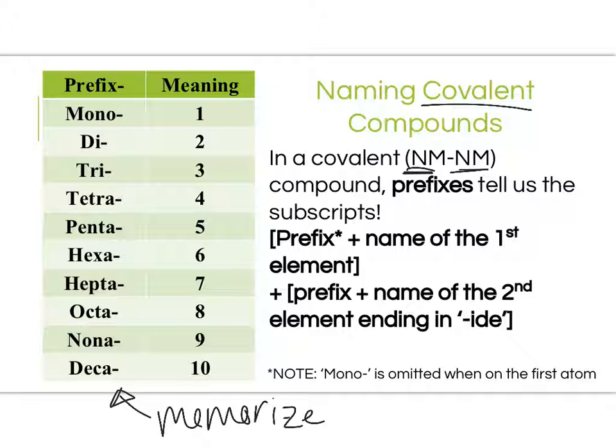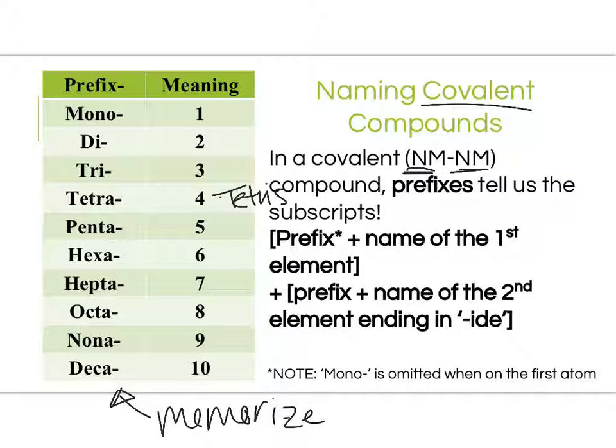Most of these are things that you have seen many times in life before. Okay, mono, like monopoly or a monarchy. Those mean one person or one company in charge. Di means two, tri means three, a triangle has three sides, a tricycle has three wheels. Tetra means four. Okay, Tetris, if you've ever played Tetris, each of the pieces in Tetris has four blocks in it, so check that out next time you do that.